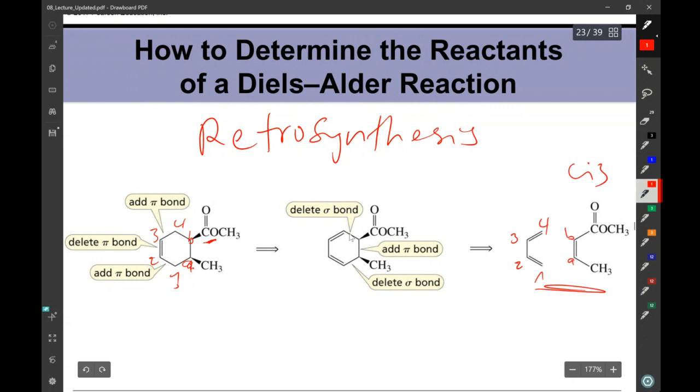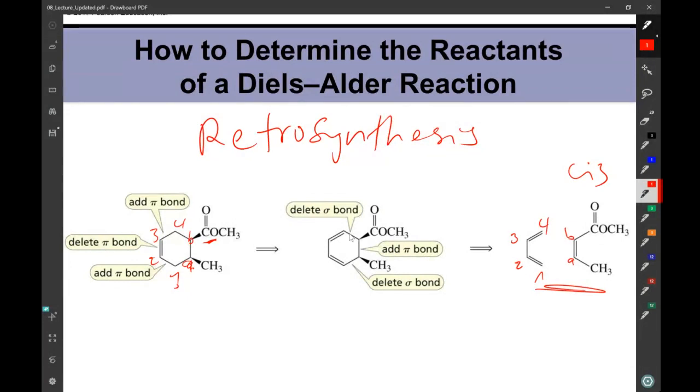Got it. As I recall, just earlier we form a 6-member ring. The stereochemistry of the product depends on the stereochemistry of the dienophile. So if you have a cis dienophile, your product is cis. If you have a trans dienophile, your product is trans. In terms of the diene, the s-cis conformation is favored over the s-trans conformation.